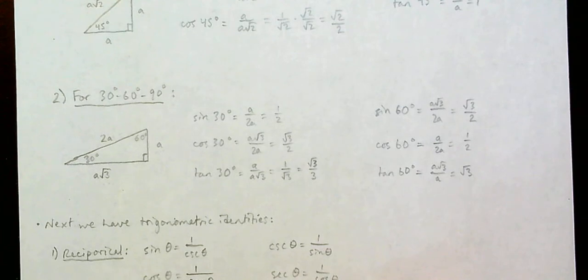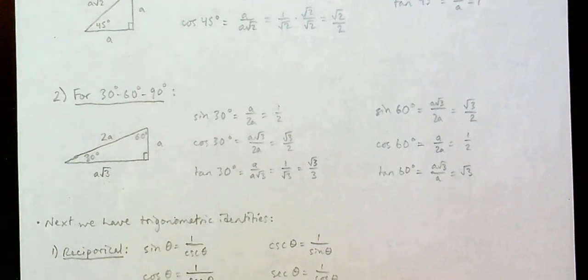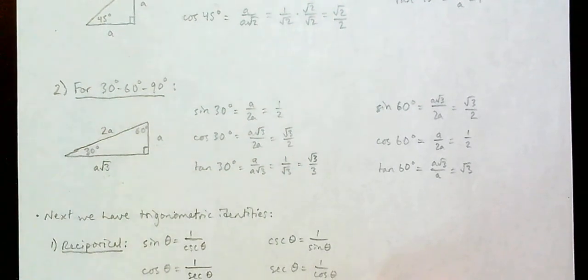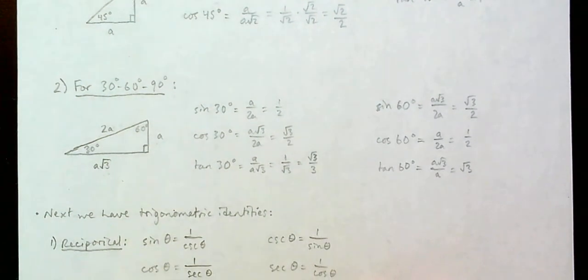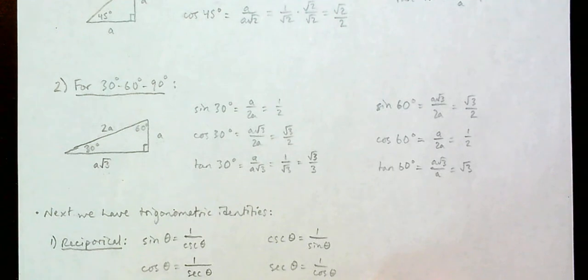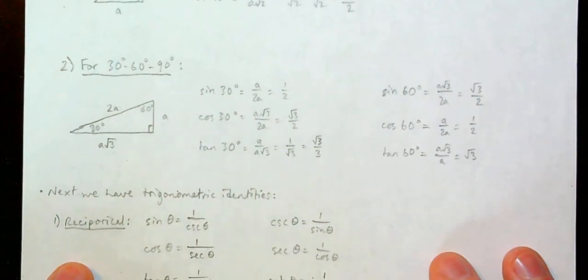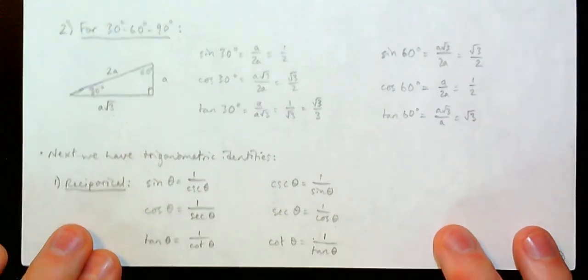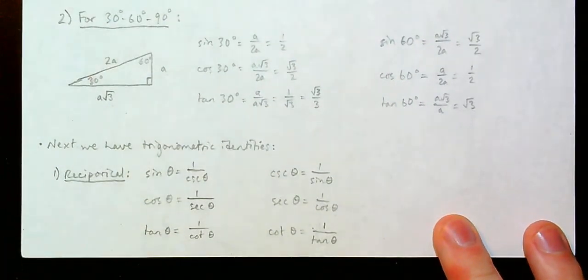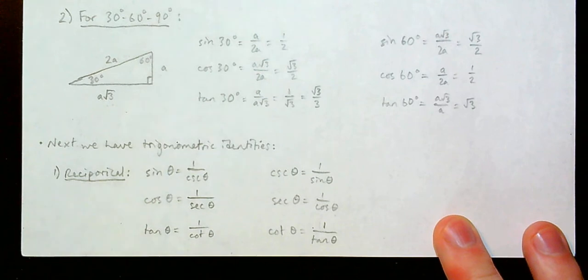But now we have some trigonometric identities that you'll want to just keep in the back of your mind. You can use these things to make your life a lot easier later on in this course. First up are the reciprocal identities. I already hinted to this earlier on in this video. We said that to get cosecant, you can take sine and flip it.